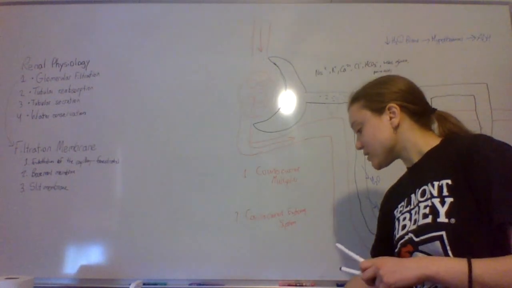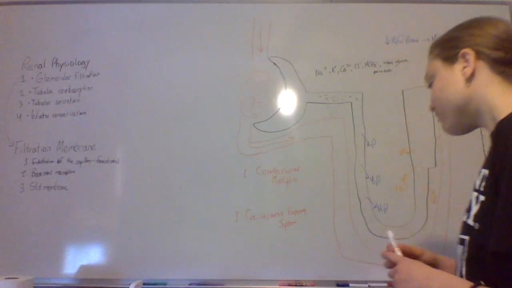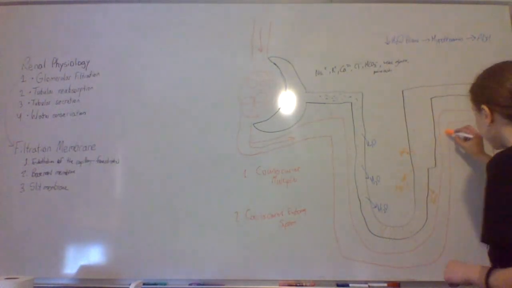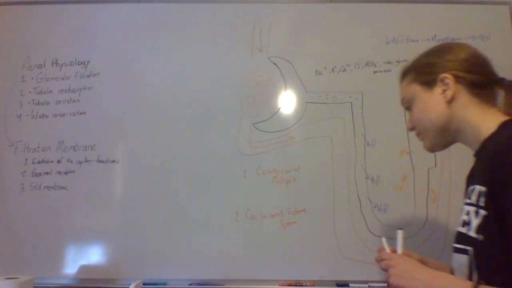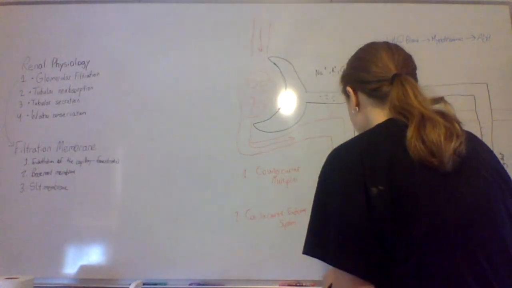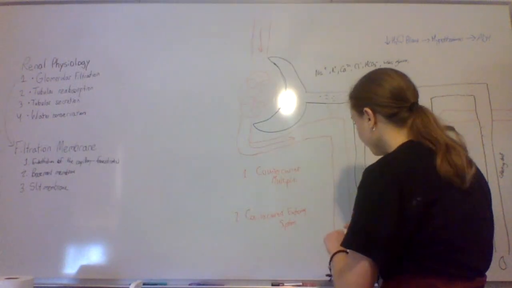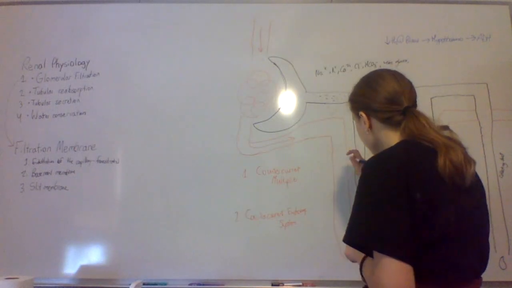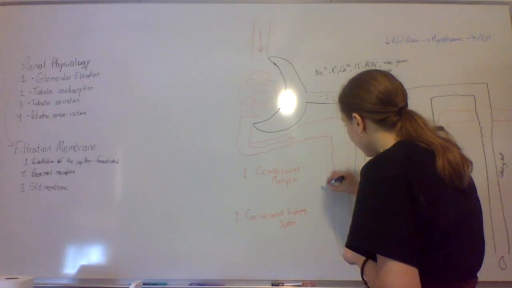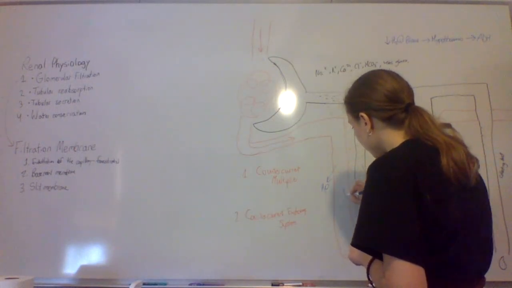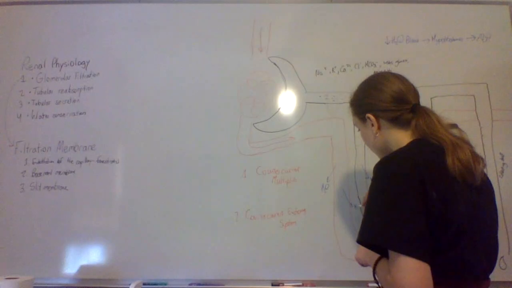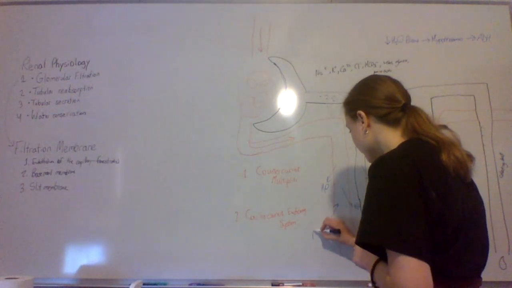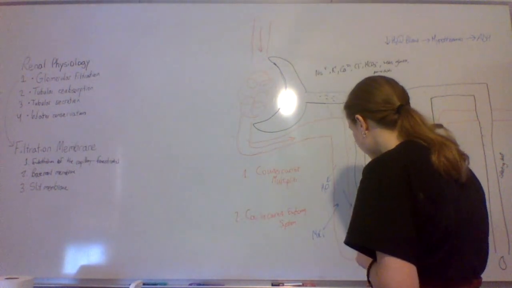Countercurrent exchange system. So, blood flows down this way, up this way. So, countercurrent. In the downward segment, so over here, water diffuses out of the blood and NaCl goes in.